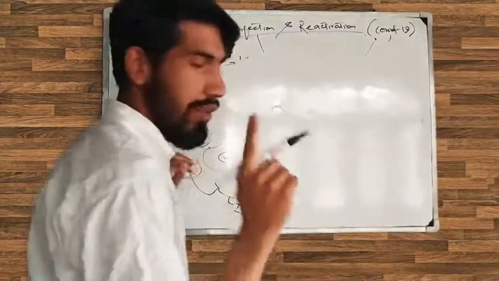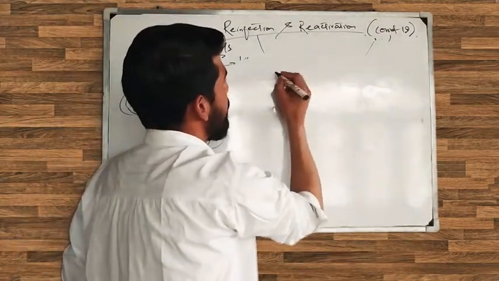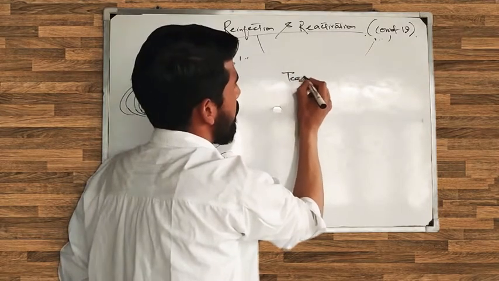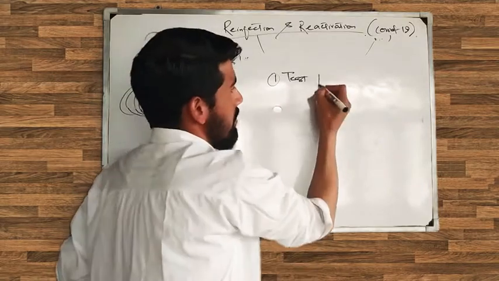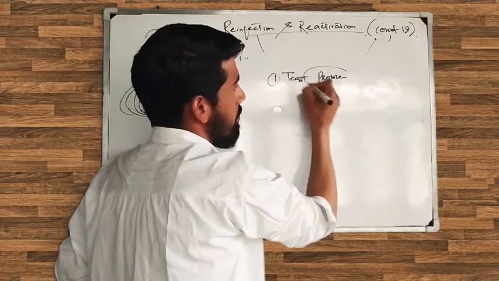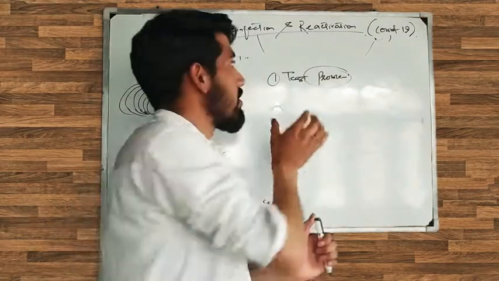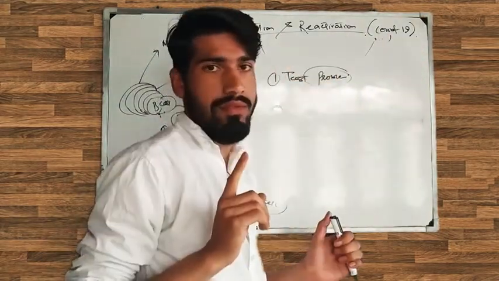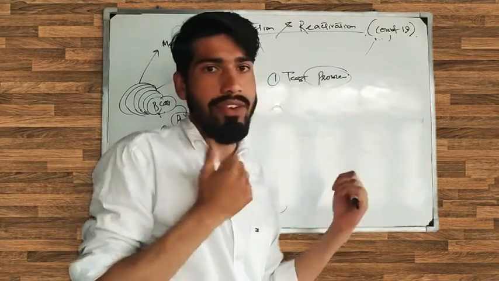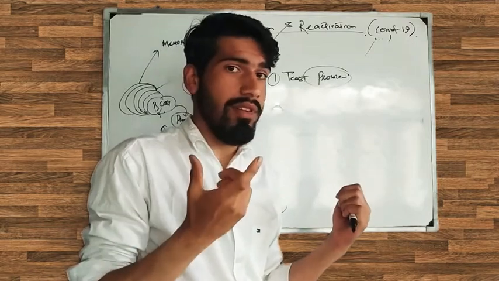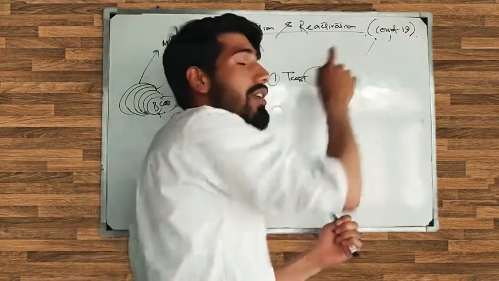For example, the first one we can say is maybe there is a test problem. When we do the test for COVID-19, the test shows that the person is negative, but the person may have symptoms or may have the COVID-19 virus present.